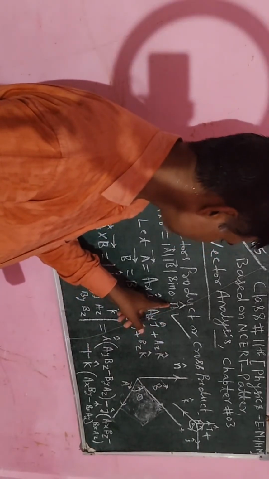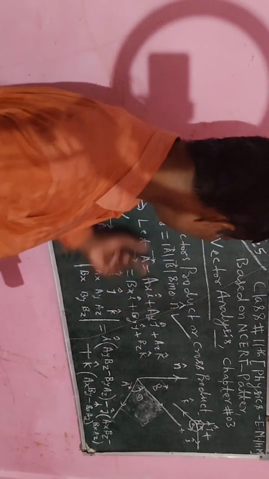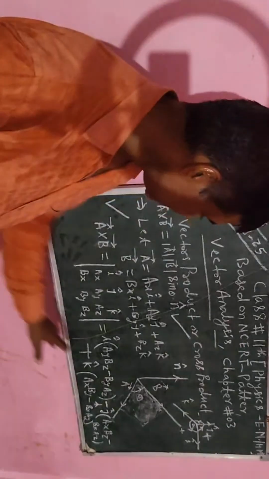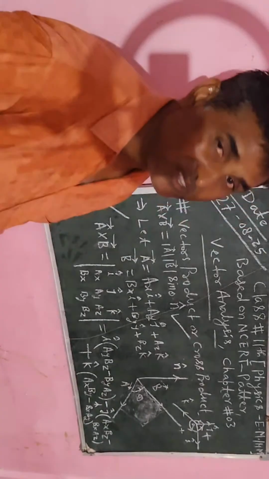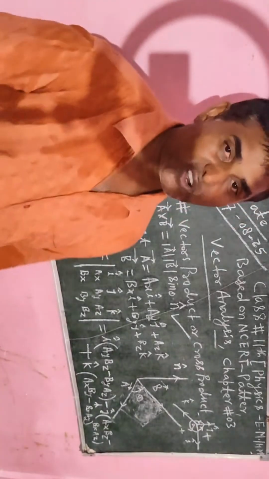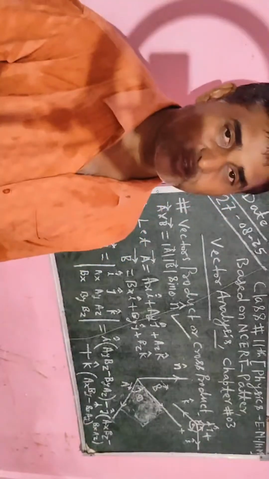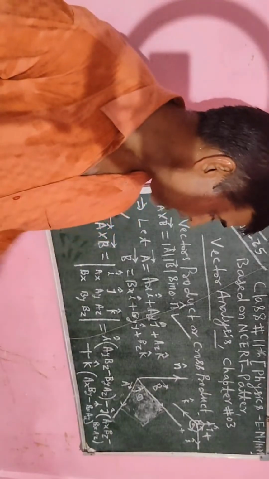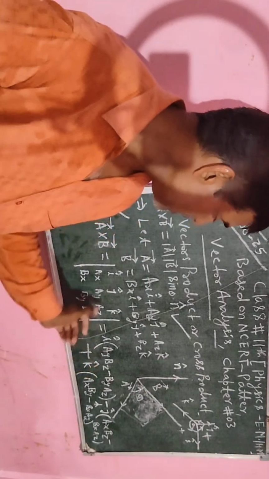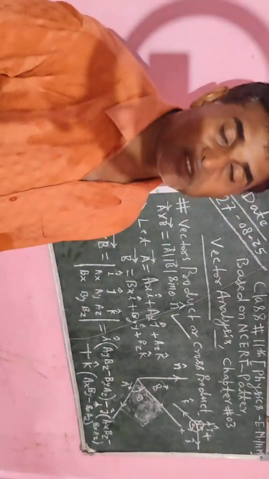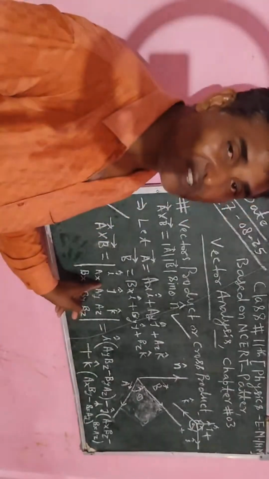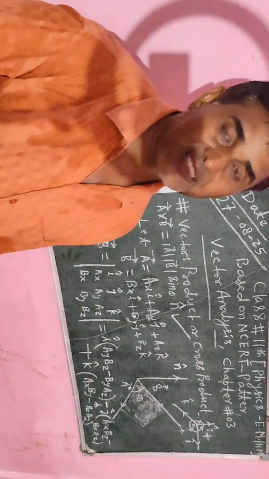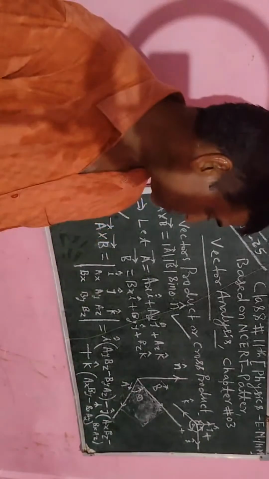But n is a unit vector, so its value will be 1. So I will take its modulus. I will take the modulus because a vector is given, so the modulus of that vector will be the square root of ax square plus ay square plus az square. So I will take the sum of the squares of the coefficients of these three vectors, and then take its square root.